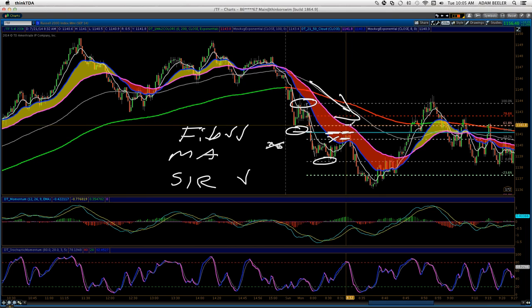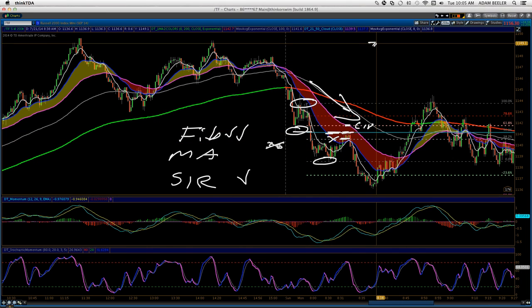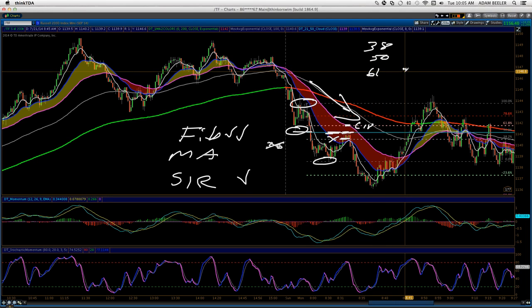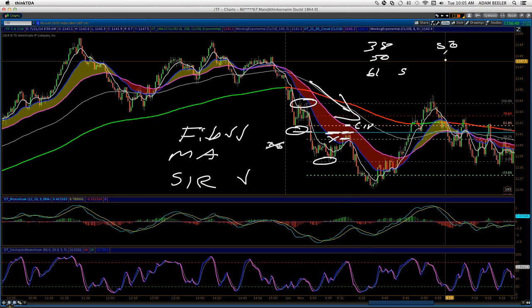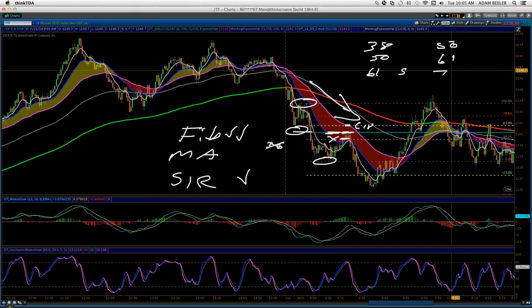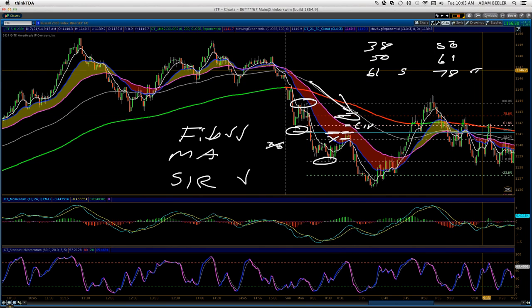With the momentum, we're looking for another order at the 61.8%. So here's the situation that we didn't go order at 38, 50 and stop at 61.8. We went order at 50, order at 61.8, and our stop is going to go right up here above the 78. See the 78 up here? That is where our stop goes.